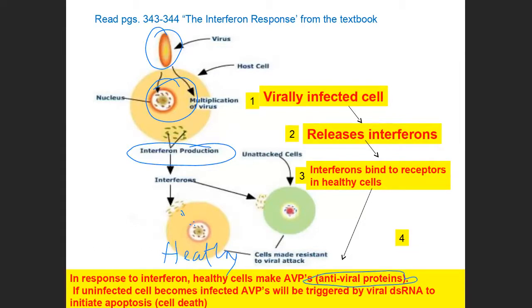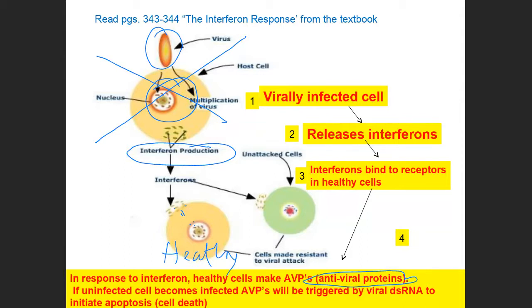So we could have the virally infected cell completely gone, but the interferon which the cell secreted may still be around to affect the non-infected cells. So once interferon is detected by the healthy cell, it will begin to secrete antiviral proteins.